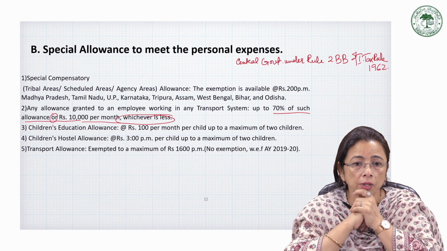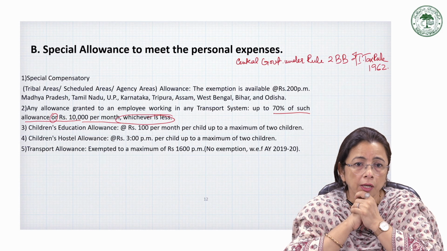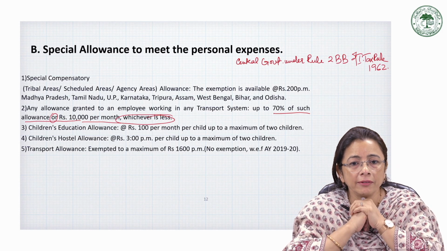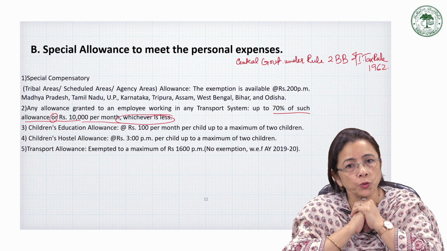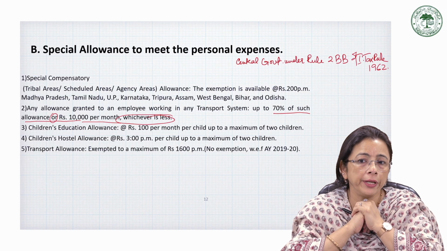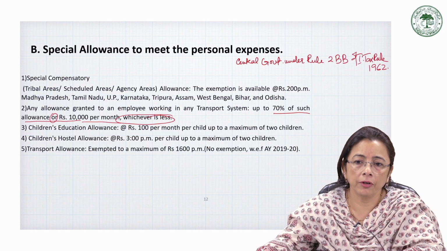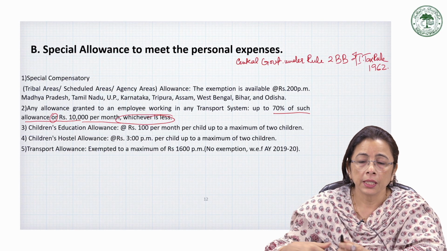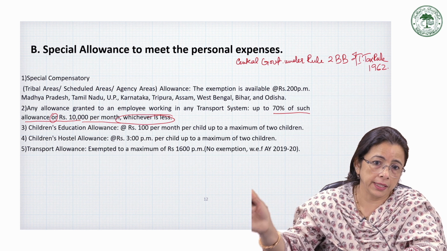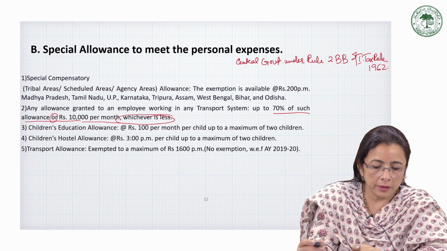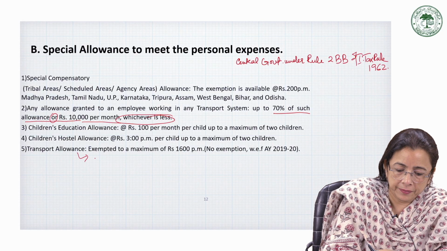The next one is transport allowance. See, again another word, transport allowance. The transport allowance is provided by the employer to his employees to help them meet the expense of daily commuting between their residence and place of work, that is, office and residence.